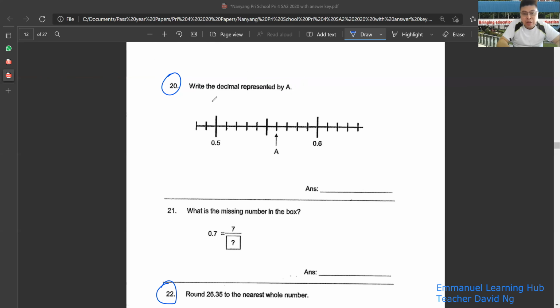Okay, let's move on to the next one. Write the decimal represented by A. This kind of question I taught you many times, right? What is the first step you need to do? You try to recall. It's not the first time we have done this kind of question. You try to recall what is the first step I told you to do every time.